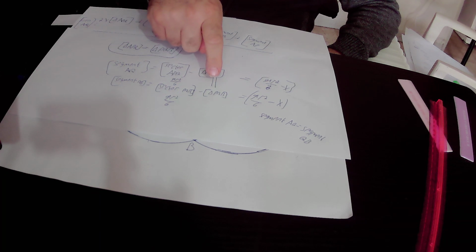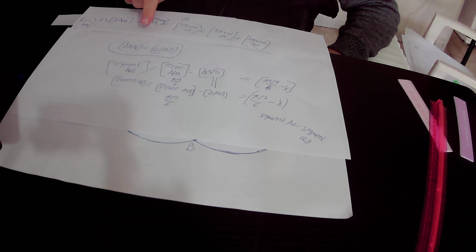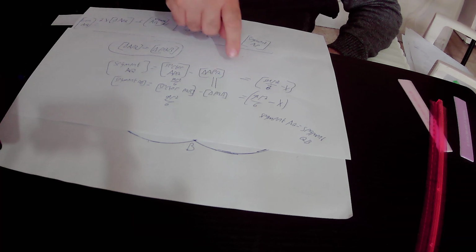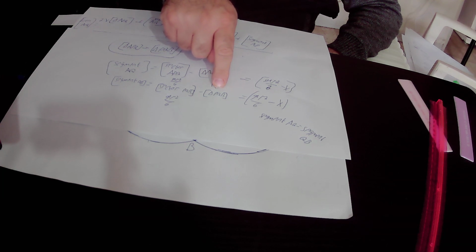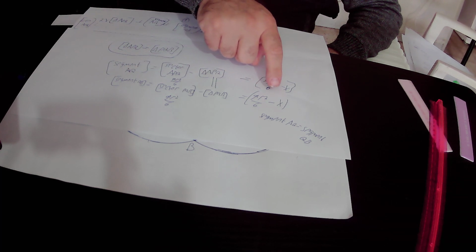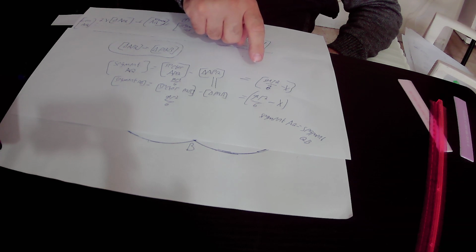And we already found out that the area of triangle PBQ equals the area of triangle APQ, which we defined as x. Therefore, the area of triangle PBQ is also equal to x. So in conclusion, the area of segment QB equals pi r squared over 6 minus x, exactly as the area of segment AQ.